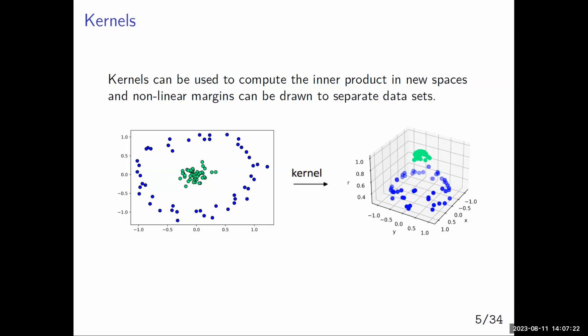Then we draw, in this case, a plane between them, and you flatten it down again, and your margin would now look something like a circle around the green data points. And then this technique is nice because you can use many different feature maps to map to different spaces depending on your data set, and you can separate all kinds of data. So this is all done within classical machine learning. It's a method that's used quite a lot.